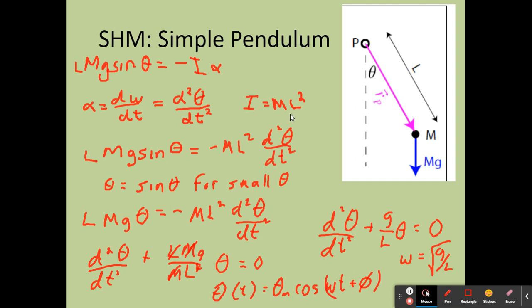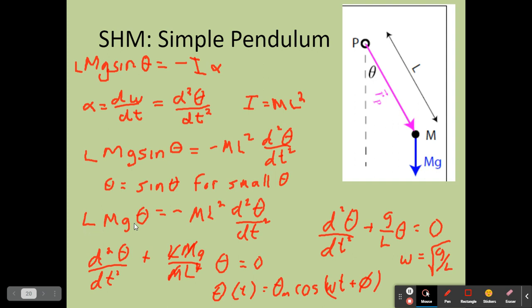And now we substitute in. So I have L m g sine theta is equal to a negative m L squared, because that's what I is. And then alpha is the second derivative of theta with respect to time. Now we make the small angle approximation, that theta is about the same as sine theta for small thetas. We're talking about like 10 degrees-ish, somewhere in that range.